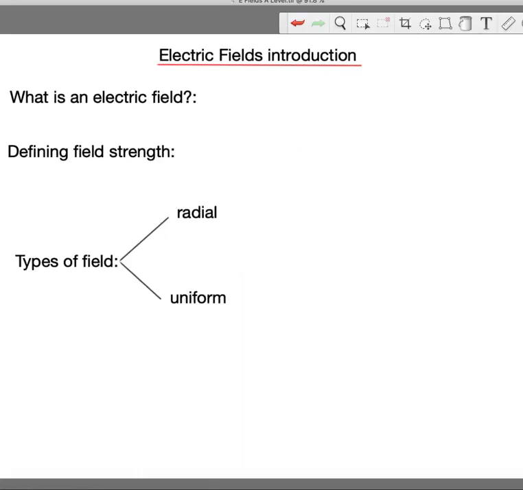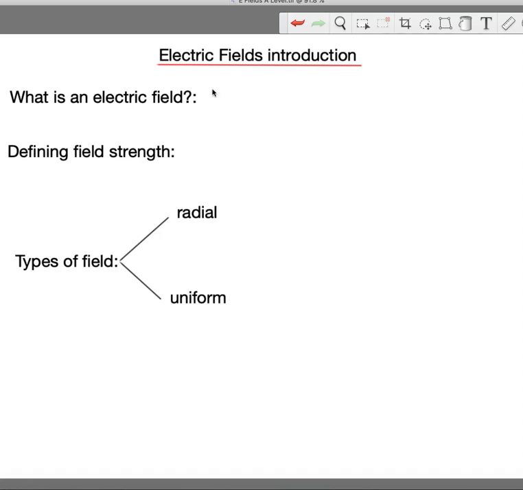What is an electric field? If you remember from the work that you have done on gravitational fields, you will know that a field is a region where something experiences a force. Note region, not area or place. It's three-dimensional, it's a volume, it's a region.